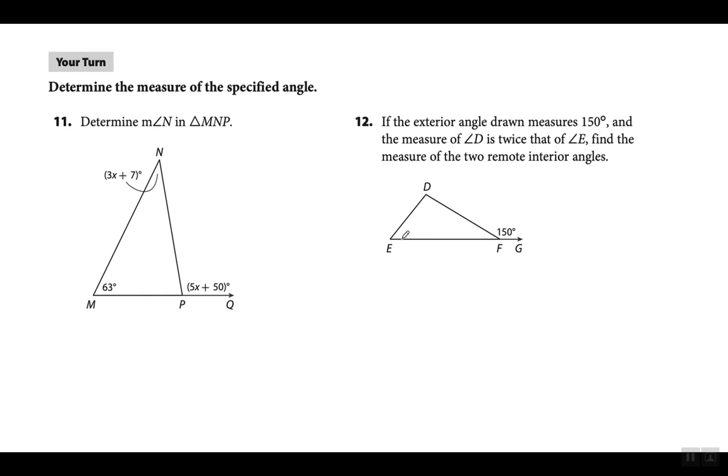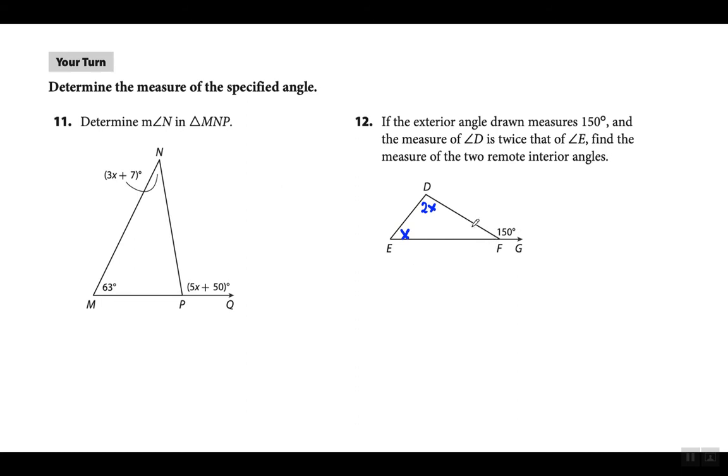No, no sabemos. Así que debemos poner una variable ahí, X. Eso me deja ahora escribir para ángulo D 2X. Porque si la medida de ángulo D es 2 veces la medida de ángulo E, pero no sé lo que mide ángulo E, puedo poner una X para ángulo E y 2x para ángulo D.